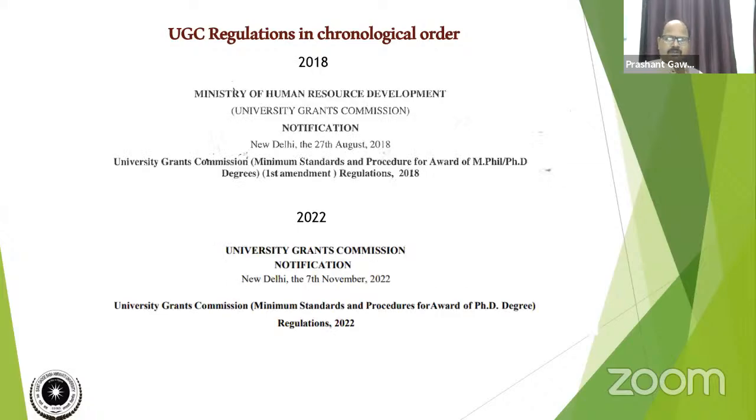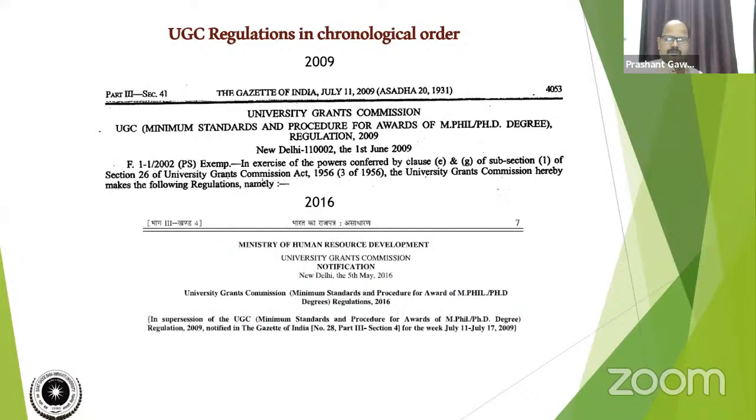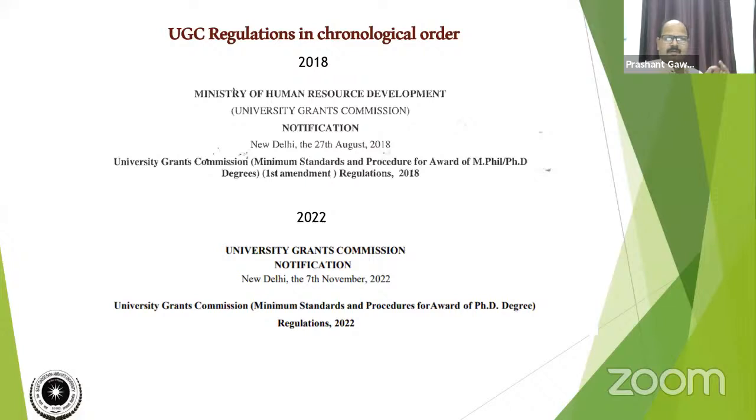Later on, during 2016 and 2018, during 2016 one more regulation was incorporated by the University Grants Commission, with the same name. During 2018, again the University Grants Commission issued one more notification for the award of MPhil or PhD degree.